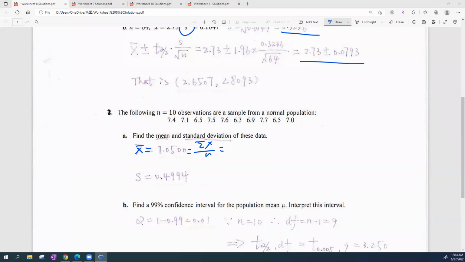We have 7.4 plus 7.1 plus 6.5 plus 7.5 plus everything together up to 7.0. After we type that into the calculator, we get the sum.